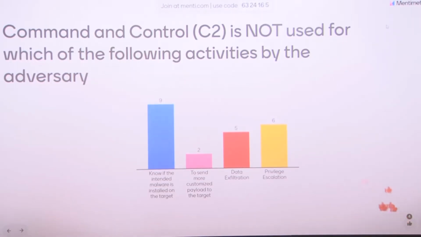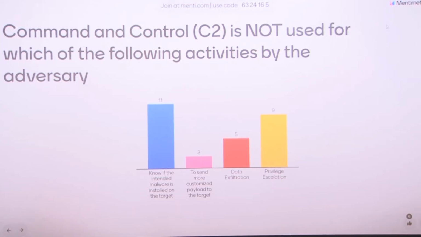Okay, so suppose you are the one sending a malware to somebody else's machine, and you want to know if the malware has been installed there. How do you do that? You have to have the malware communicate to you, right?